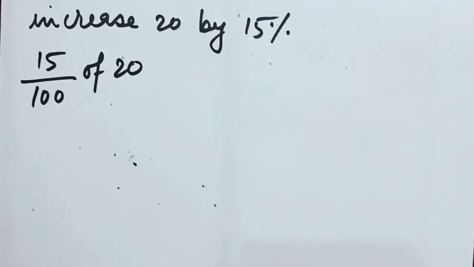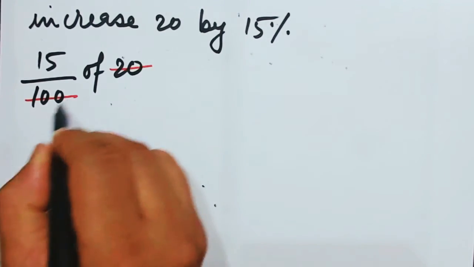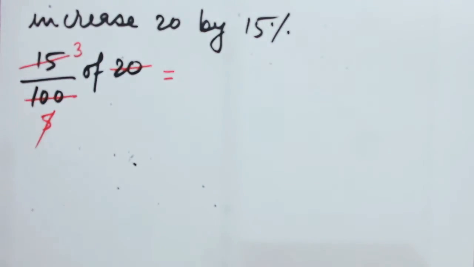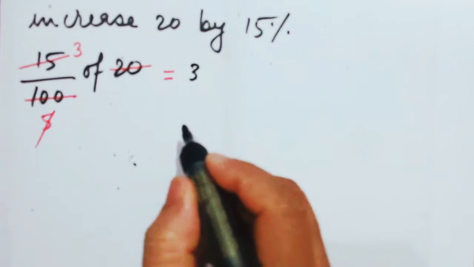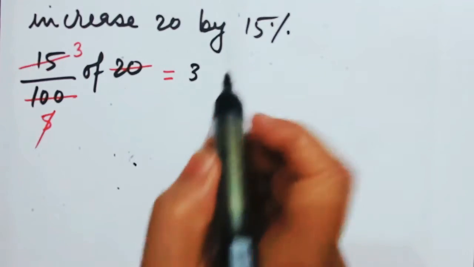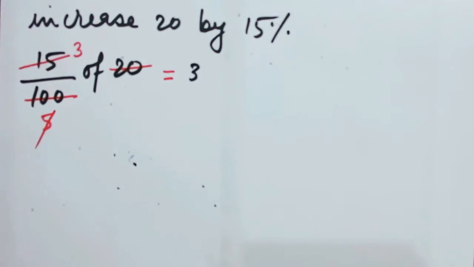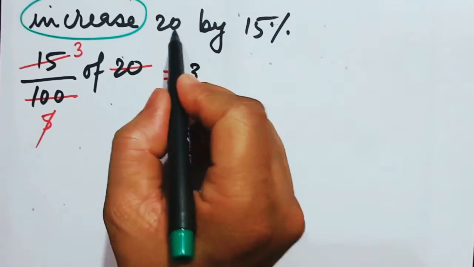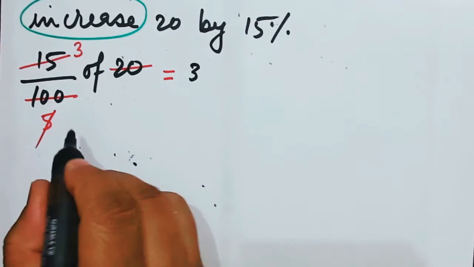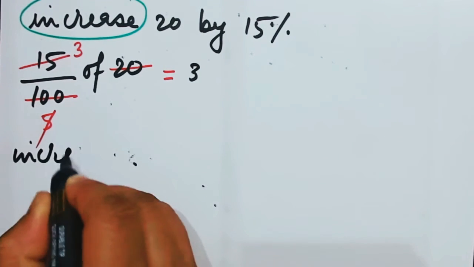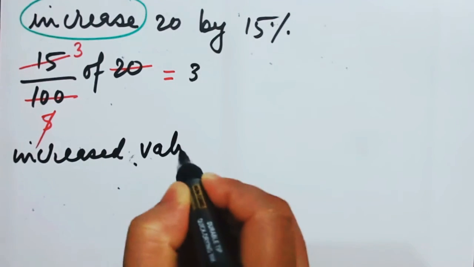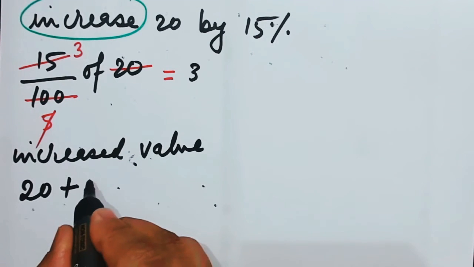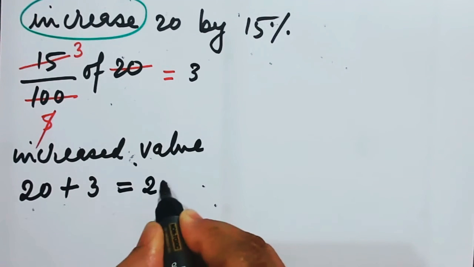So 15% of 20 will give you how much? 20 divided by 5 is 4 and 4 times 3 is 12... which will give you 3. Now you are increasing 20 by 15%. Remember, you are increasing the value. 20 was already given. Increased value will be 20 plus 3, which will give you 23.